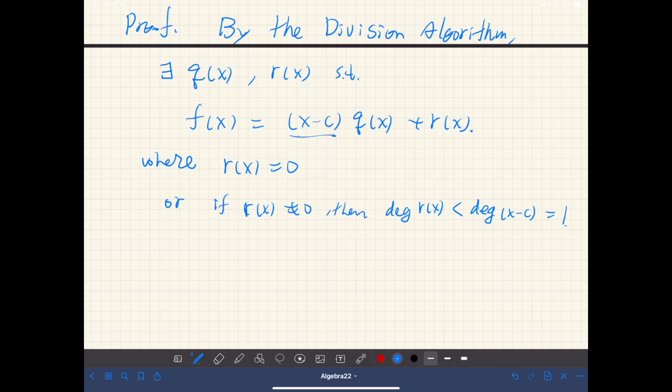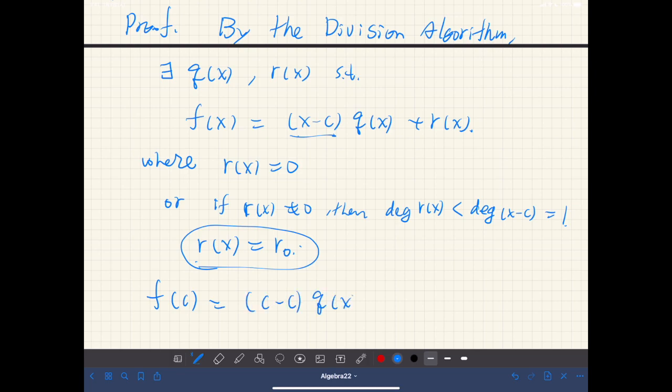So this means r of x is a constant. Let's call it r_0. So this is either 0 or non-zero. In either case, we can express r of x in this form. So it's a constant, whether it's 0 or not. But if we substitute x with c, then we have c minus c times q of c plus r_0.